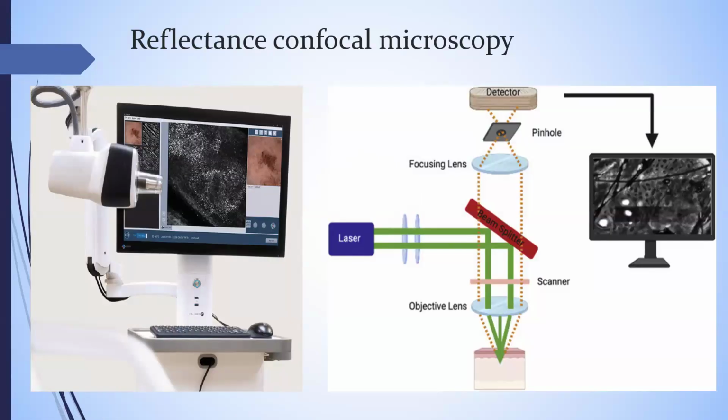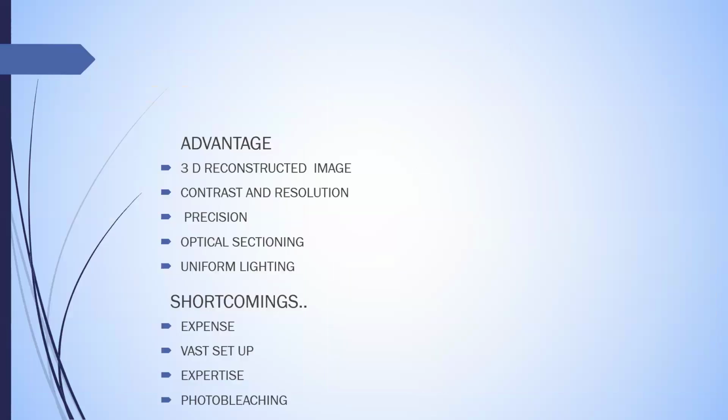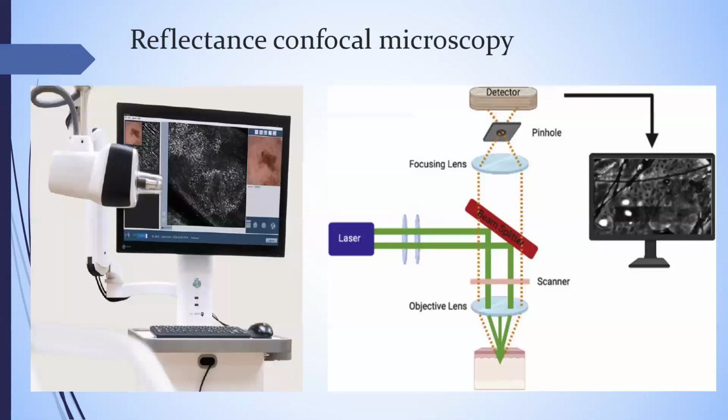In histopathology, normally when we do a biopsy and take a tissue like this, we make sections along the coronal plane, along the axial plane, and then we study at different levels, especially when it comes to malignancy. The same optical sectioning is possible in confocal microscopy, and the lighting is also uniform. There is a standardization there, but the problem is the expense involved, and it is a big setup.